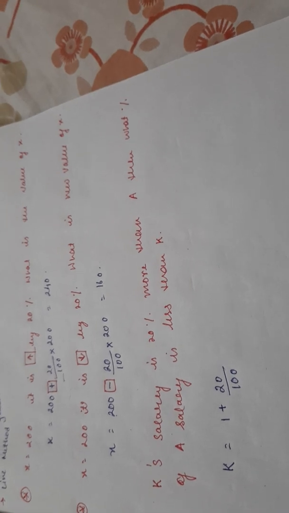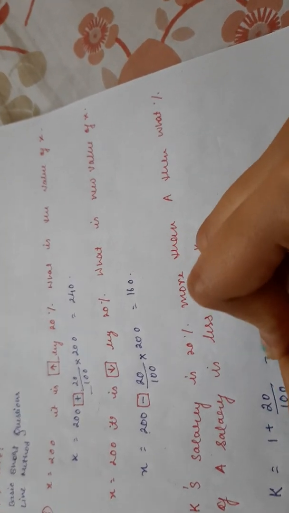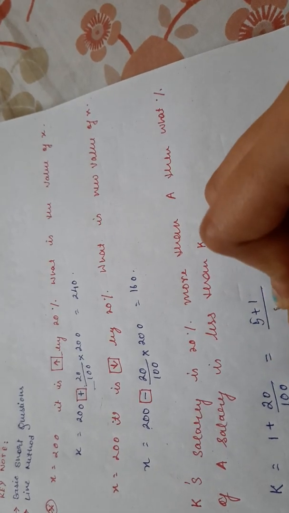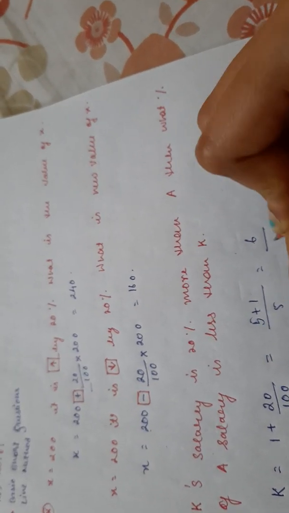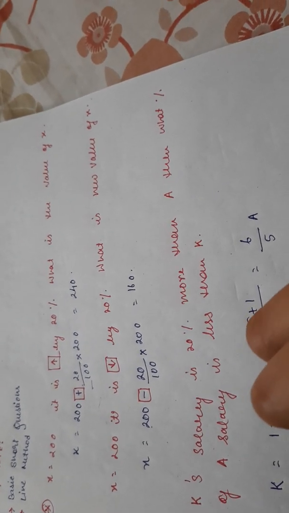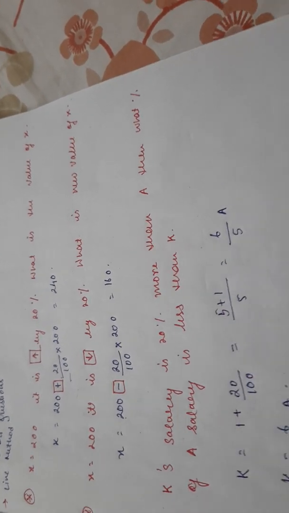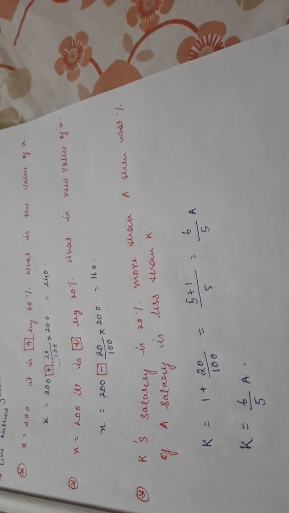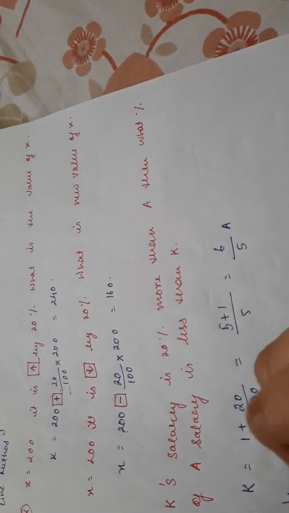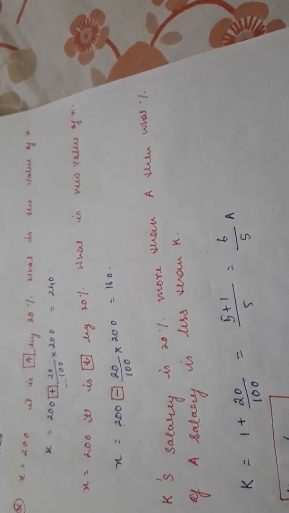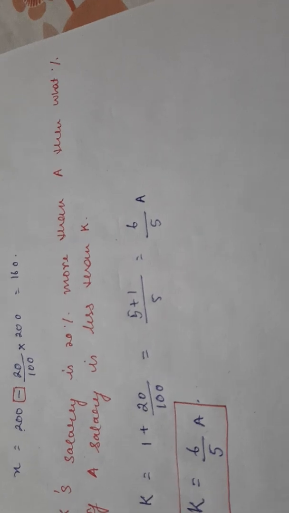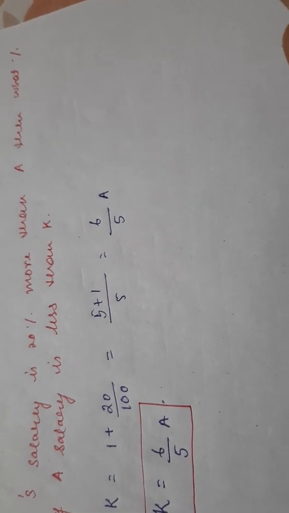As it is more than A, we get 5 plus 1, that's 6 by 5, equal to 6 by 5A. So we are getting K is equal to 6 by 5A, as it was said that K's salary is 20% more than A. So my equation here becomes K is equal to 6 by 5A.